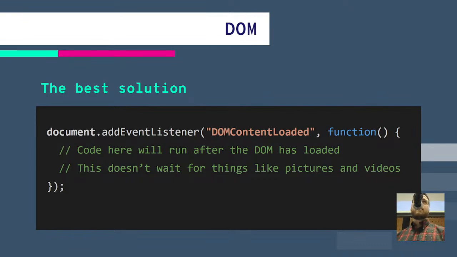All it waits for is the DOM, the document object model, the HTML, the bare bones. It's waiting for that to be loaded, and then your JavaScript will run. So you don't need to memorize these things, but it's really good to know that these solutions exist. I honestly didn't know about these two options until I had been coding for quite a while.